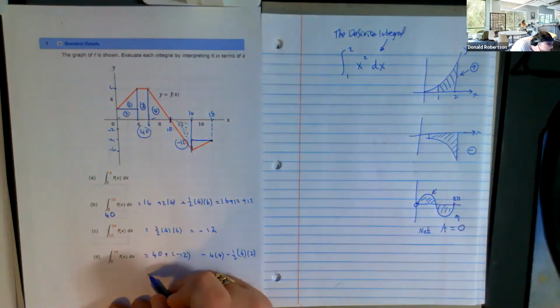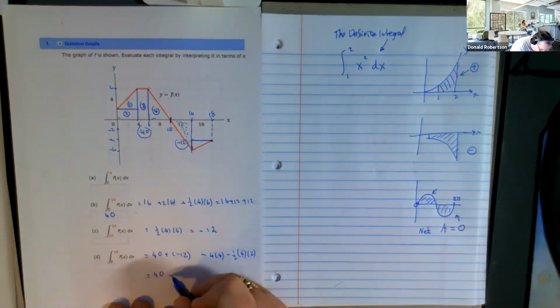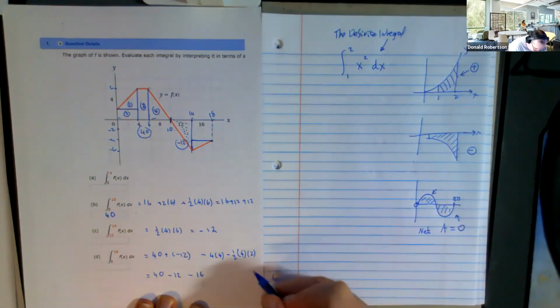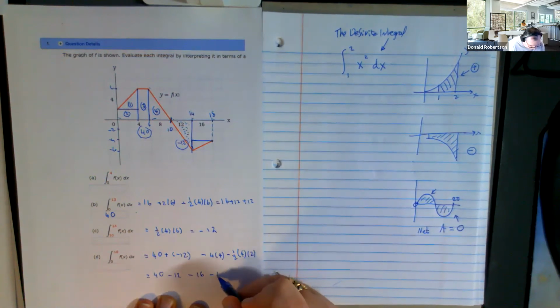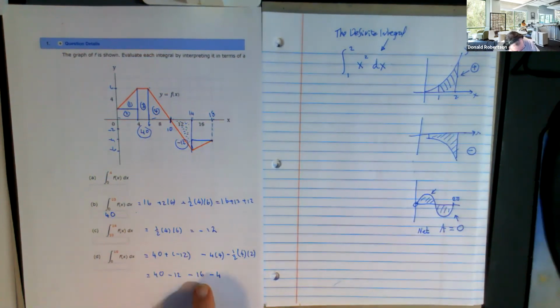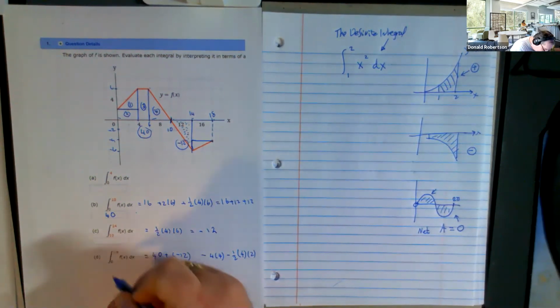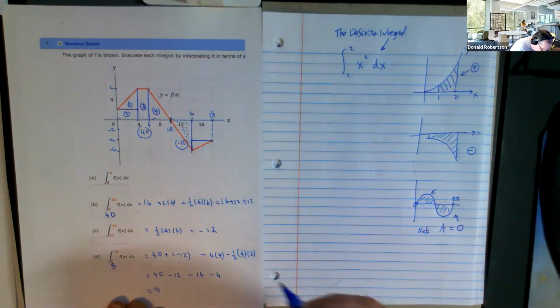So what have I got? I have a 40, take away a 12, take away a 16, take away a 4. So 16, 20, 32, away from that, the net area is 8.